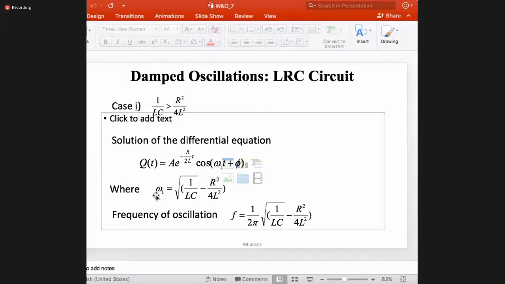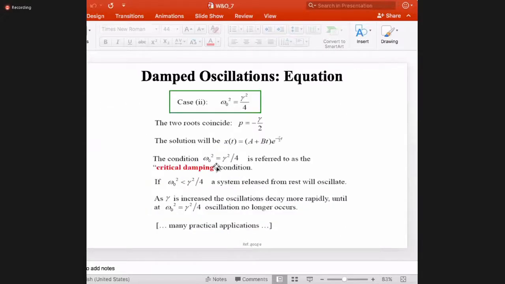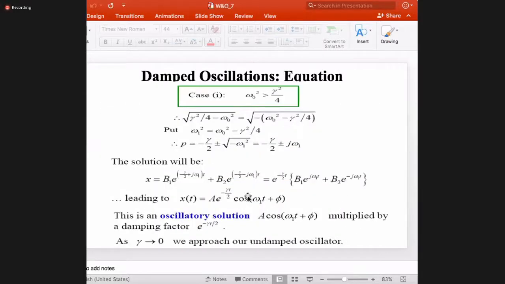So what is the value of omega 1? If we move back, omega 1 square means omega naught square minus gamma square by 4.